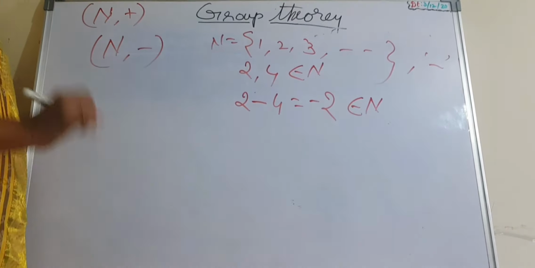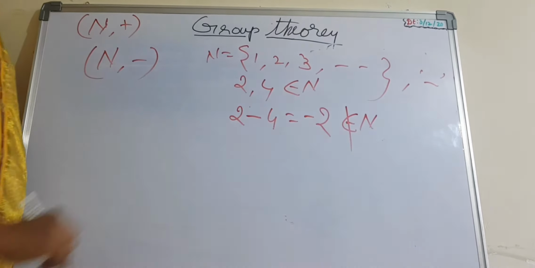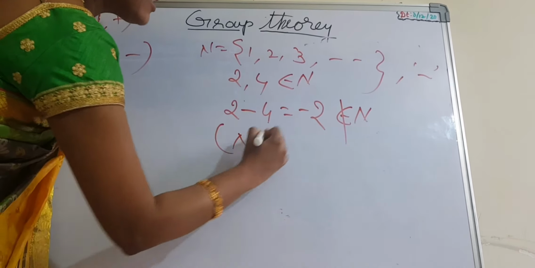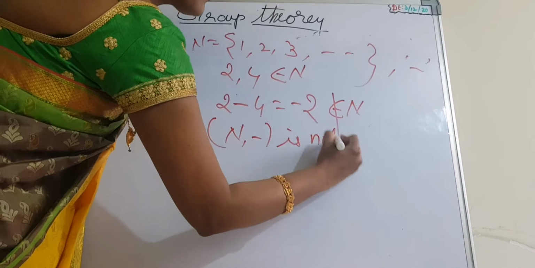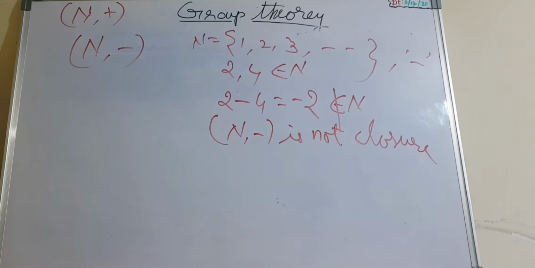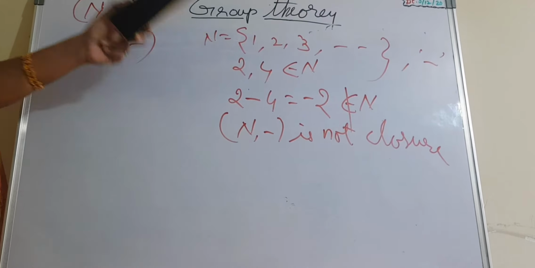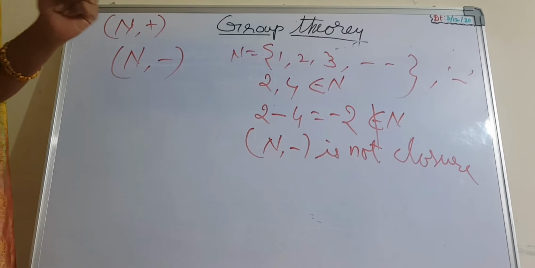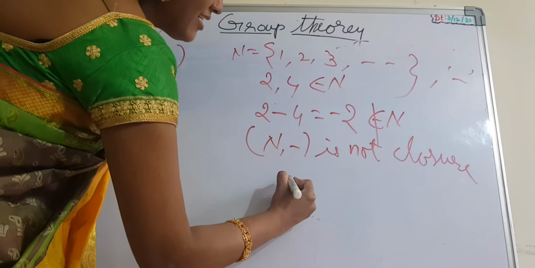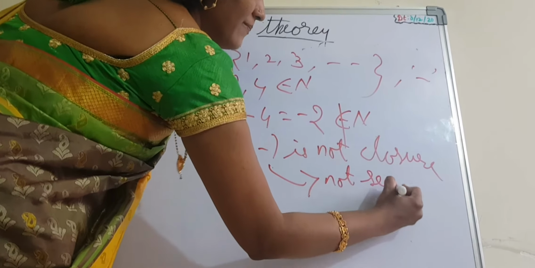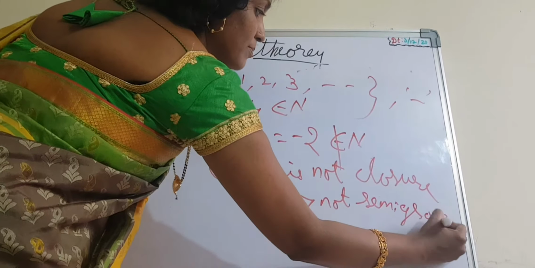No, it does not belong to N. Therefore, N minus does not satisfy the closure property. If it does not satisfy closure property, N minus is not a semi group.